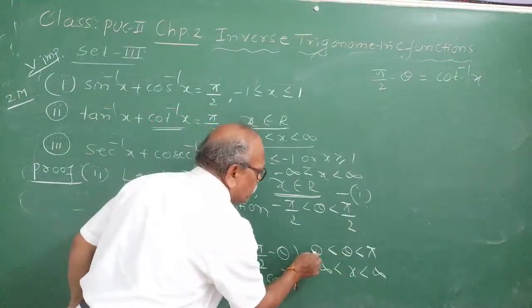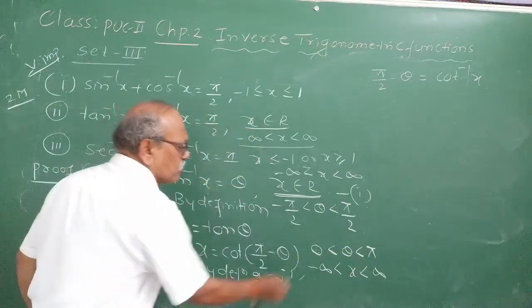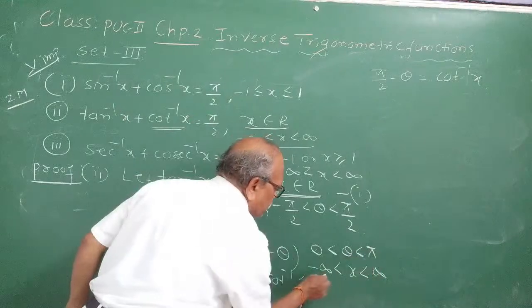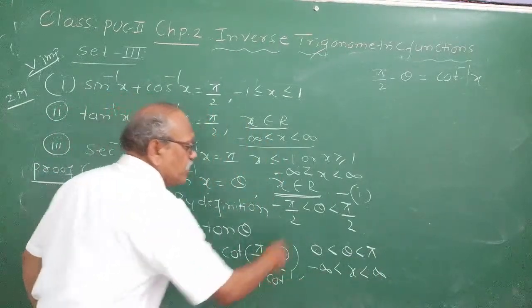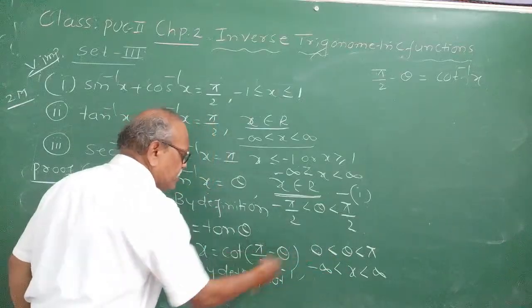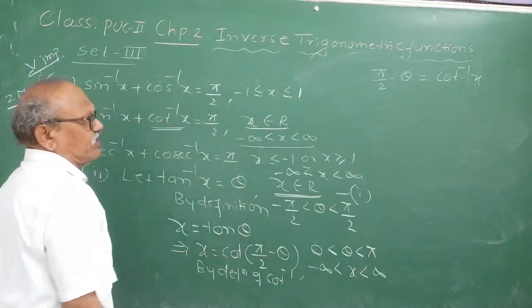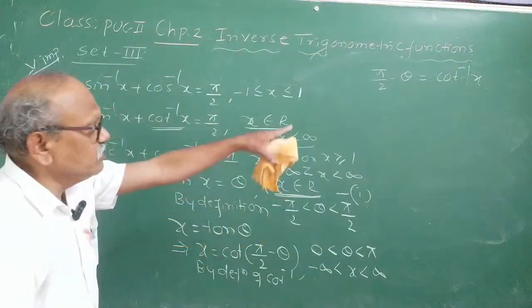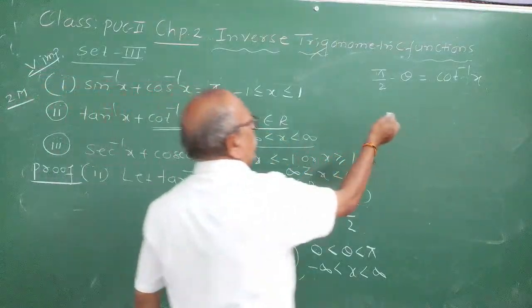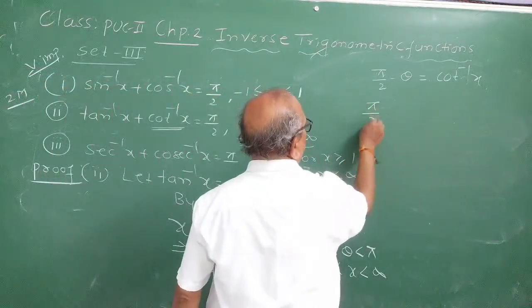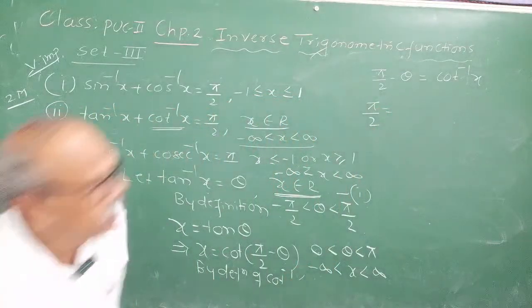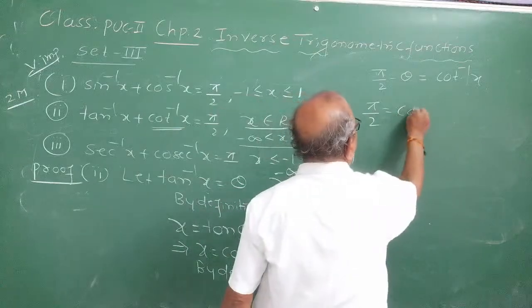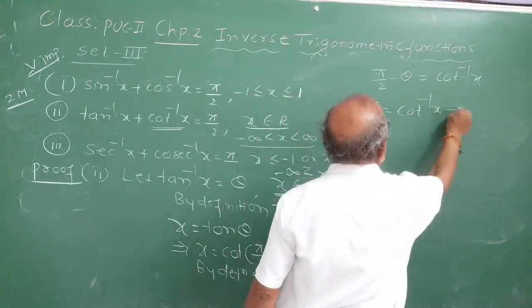Theta should lie between 0 to pi, because cot 0 is infinity, cot pi is minus infinity. When these conditions for cot inverse exist, you can write by definition of cot inverse, pi by 2 minus theta is equal to cot inverse x. Take minus theta to the right. You will get cot inverse x plus theta.